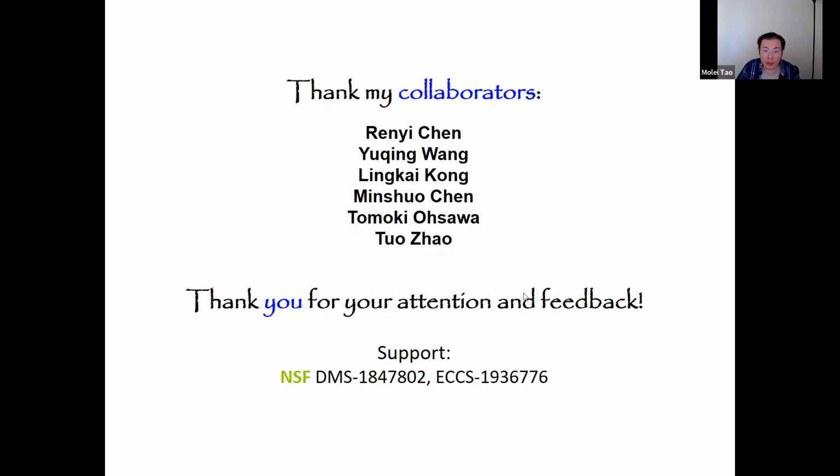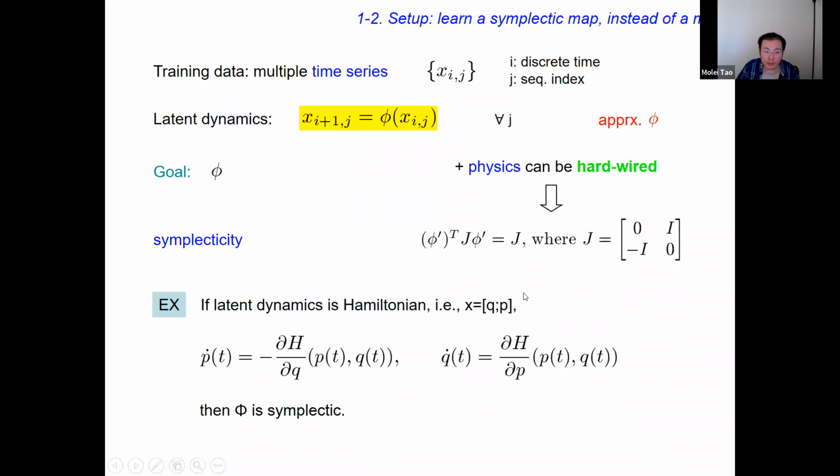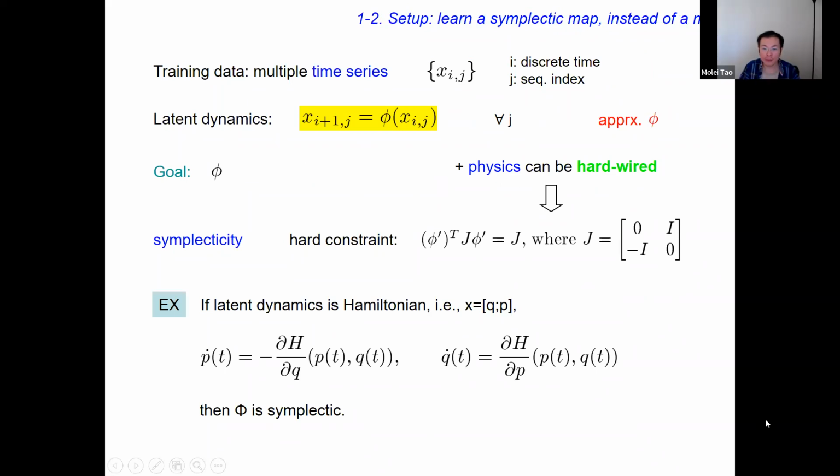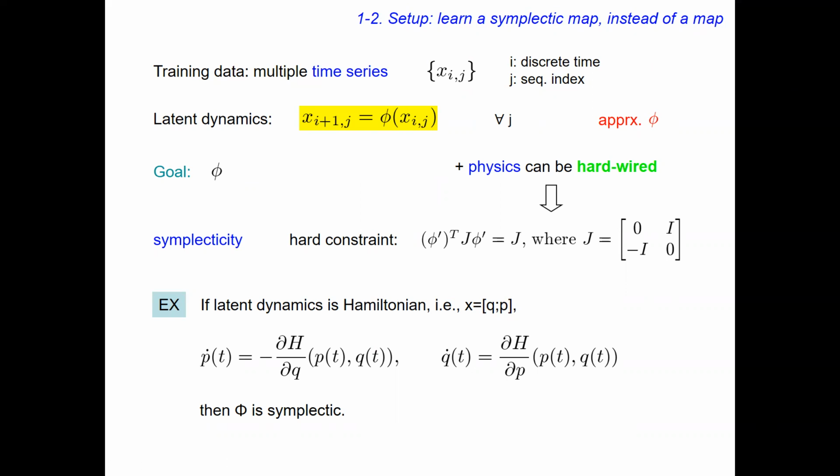So okay, let me explain. There are two things. Yes, right here. There's p_i, q_i, something like that. So I assume that the truth is generated by a symplectic map.